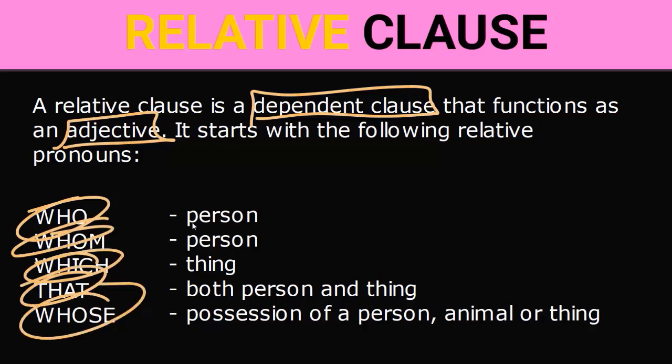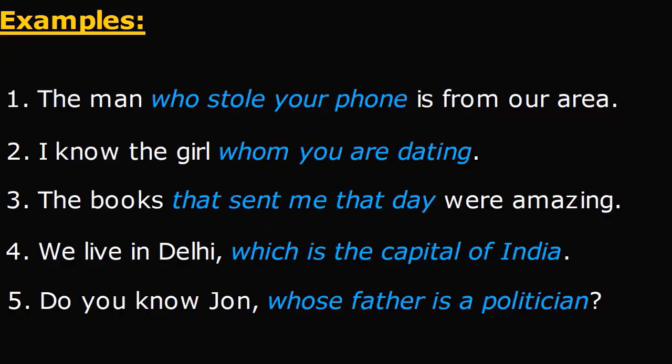Who is used to refer to a person. It can give both essential and non-essential information, restrictive and non-restrictive. Whom refers to a person, which refers to a thing, that refers to both person and thing, and whose can refer to a person, thing, or animal, but it refers to the possession of the person, thing, or animal. Let me show you some examples.